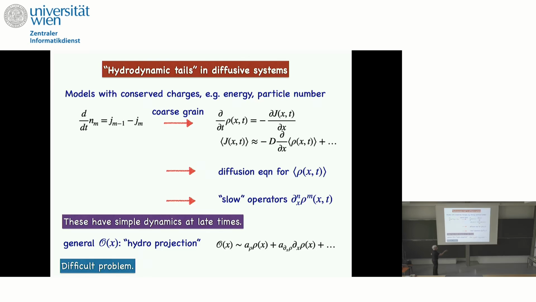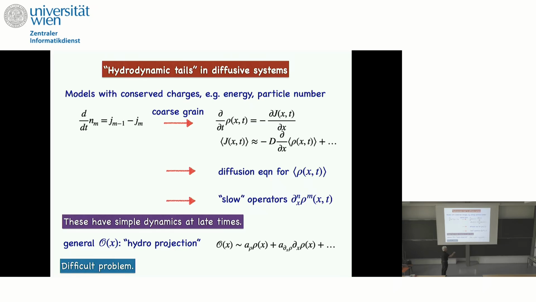And for example, these ones here should do so. So these have in a sense, simple dynamics at late times. So they decay very, very slowly with some power law. But they're very special operators, if you wish. And so what you have to do if you have a particular operator you're interested in, because you're doing experiments and you measure some particular expectation value or correlation function, is you have to project the operator you're interested in on these slow operators.